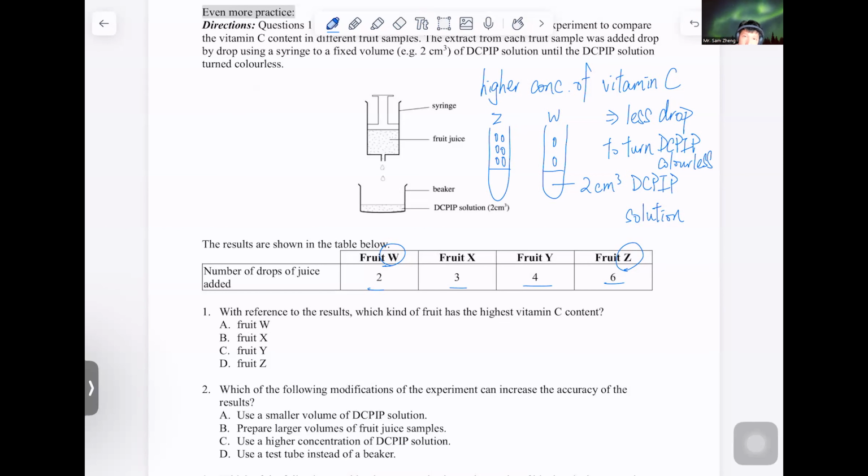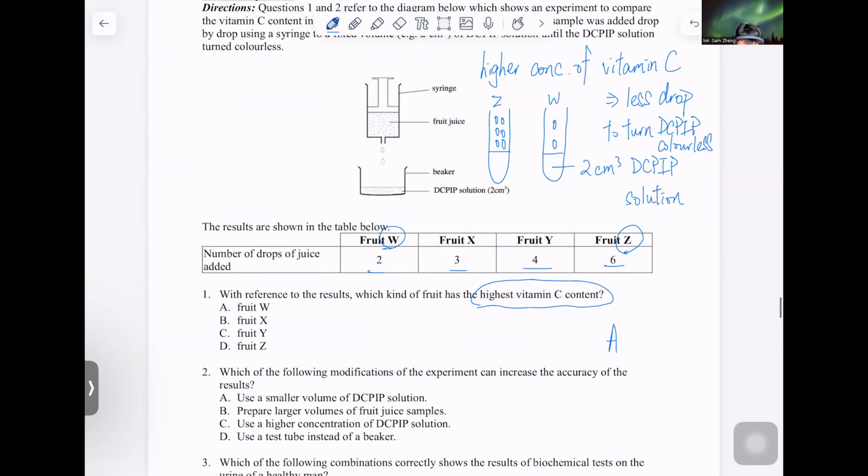Definitely, it would be fruit W. In this case, we will notice that as fruit W has the highest concentration of vitamin C, it does have the highest vitamin C content if they are in the same volume. So in this case, the answer here would be A.